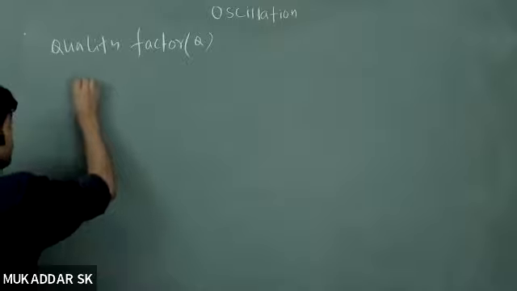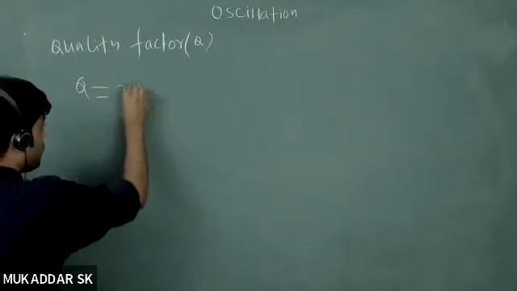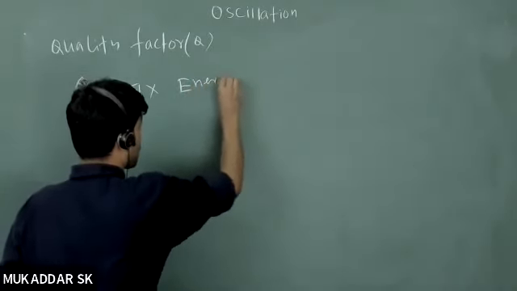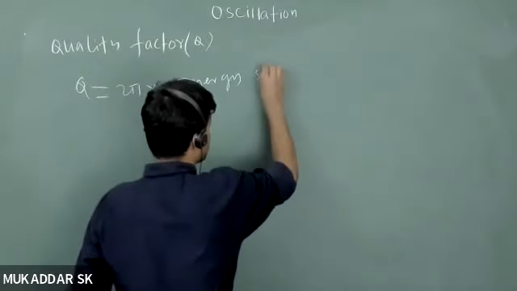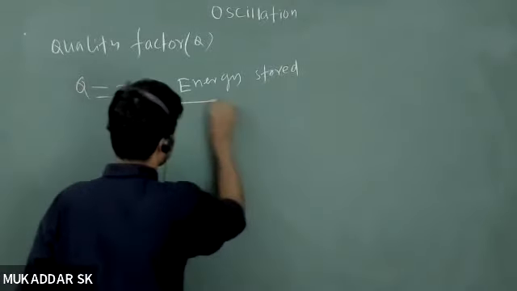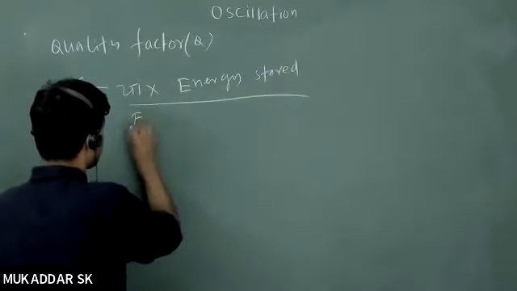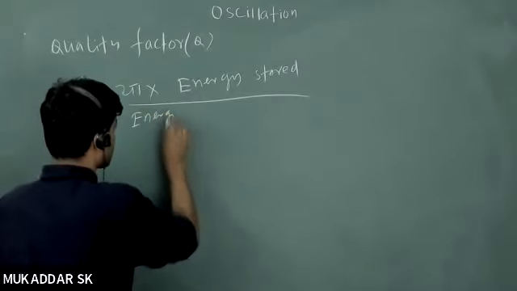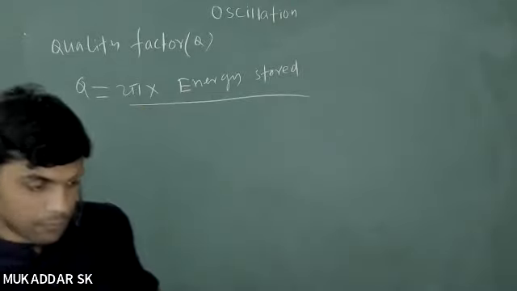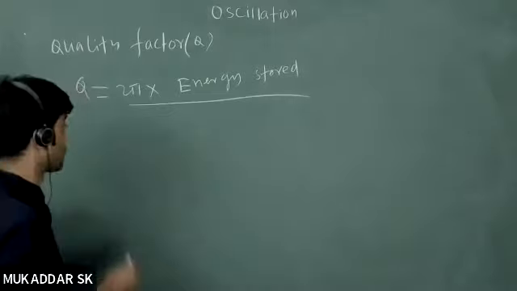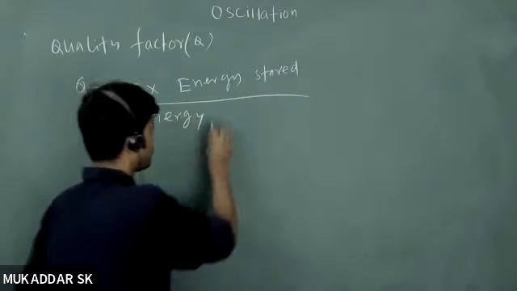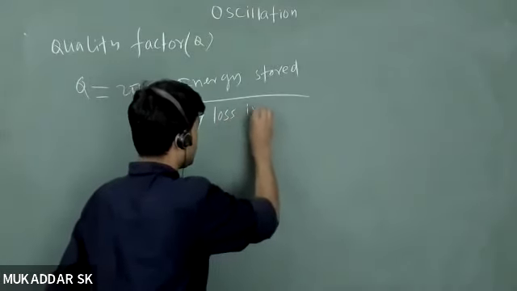Quality factor is basically defined as 2 pi into energy stored divided by energy loss in each cycle.